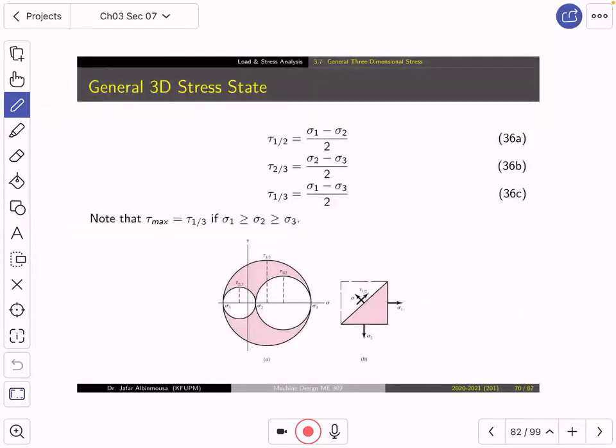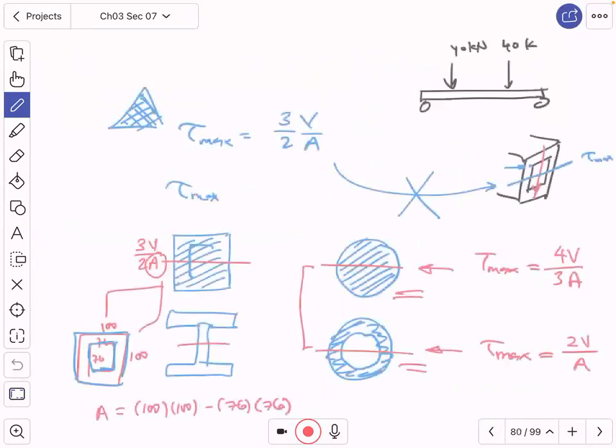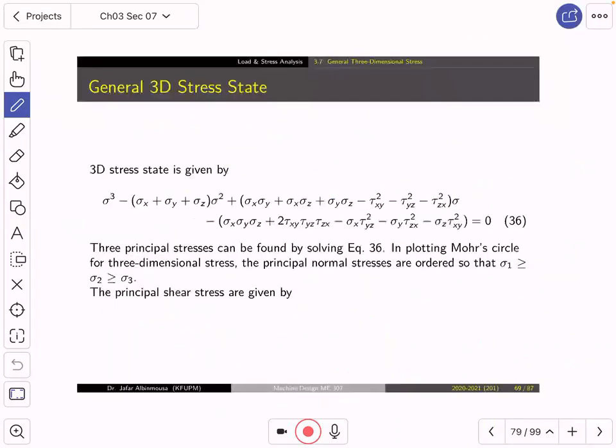In 1 minute, I'm just going to talk to you about a 3D state, the 3D stress state, which was here. This is the general 3D stress. And if you see, this is a quadratic equation, okay, with too many unknowns. And in order to solve this equation, we usually need to do matrix analysis.